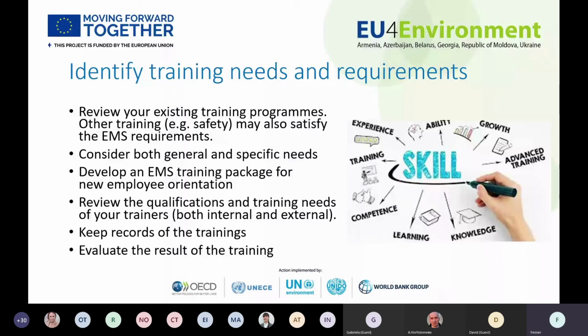Procedure training needs and requirements. In this process, we should review the existing training programs because every company will have training programs anyhow regarding quality, regarding technical competencies, or regarding health and safety. Elements of these training plans may satisfy the requirements we have from the environmental managerial perspective. So these elements should be considered and cross-referenced.